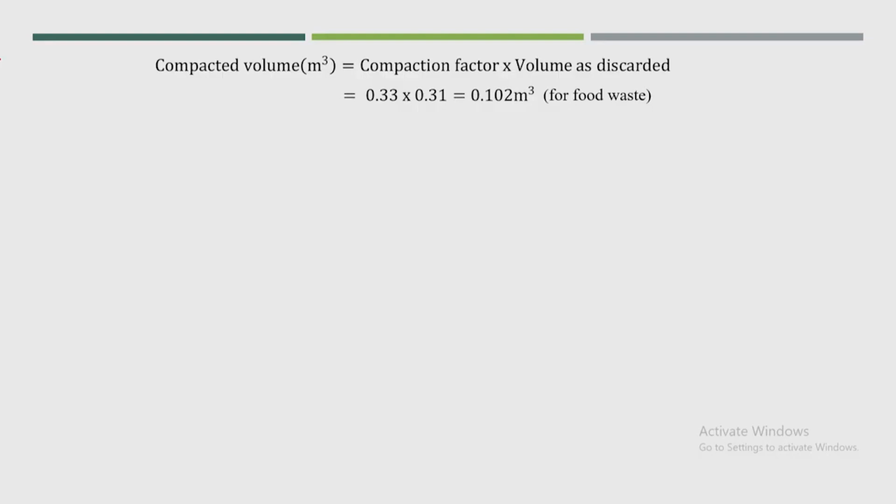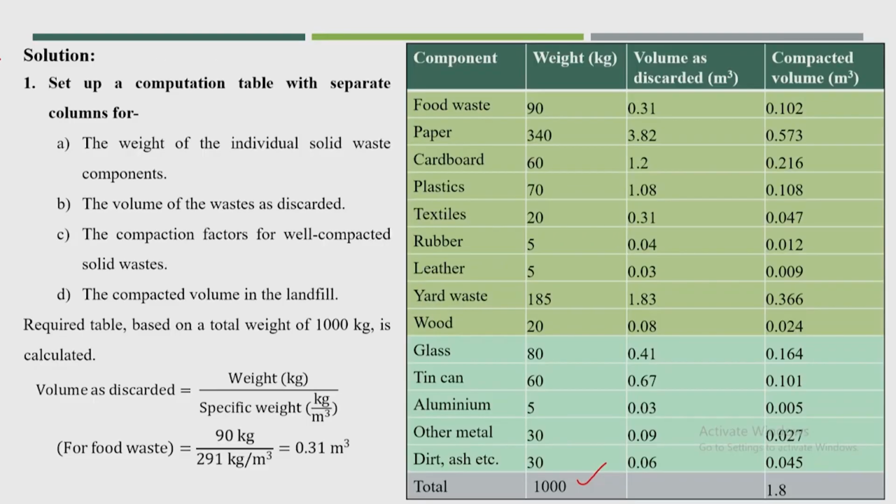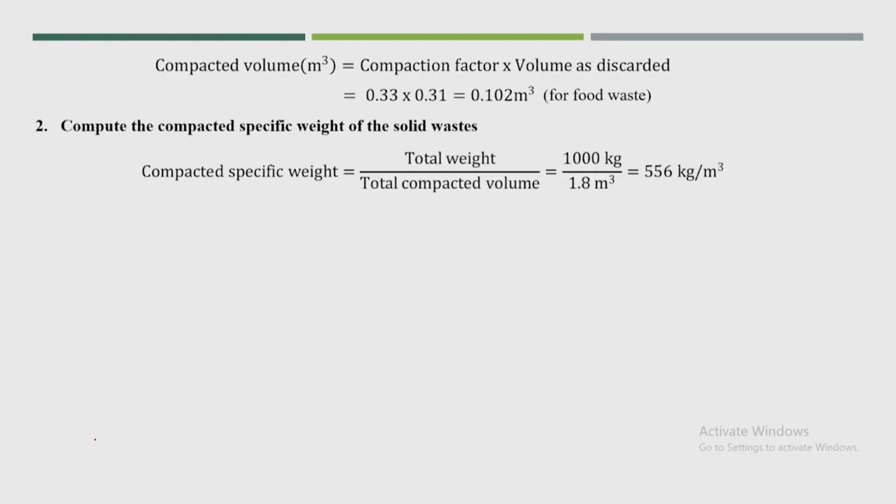Now, this is for one waste. Likewise we calculate for all the different wastes, and finally we got the compacted volume of 1.8 meter cube, summing up all the waste. So the total weight is 1000 and the compacted volume is 1.8 meter cube. Now we will calculate the specific weight.